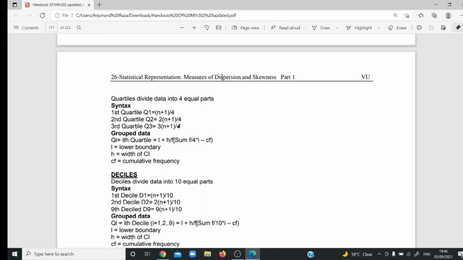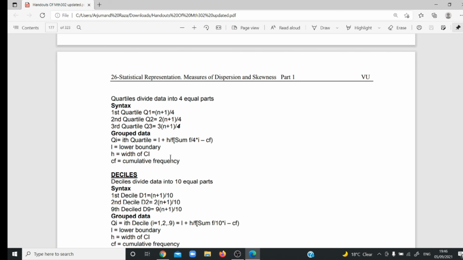That's why we have to find the cumulative frequency, CF, in each and every frequency question. Then the sum of F, the sum of frequency, divided by 4 for quartile, times i, minus CF.